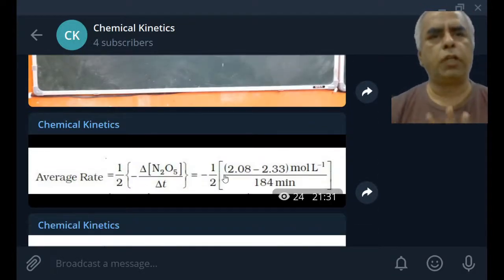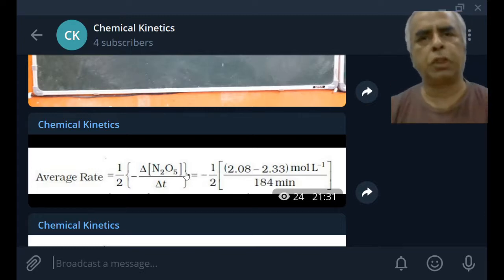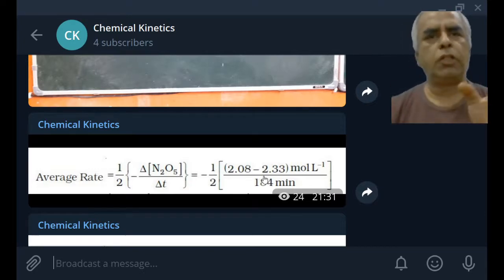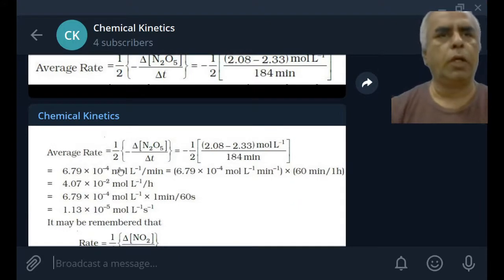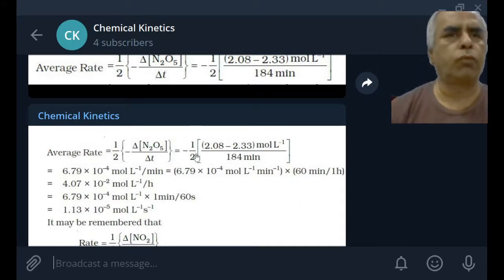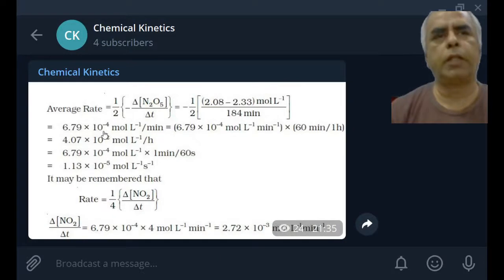So the average rate is minus 1 by 2, and the N2O5 initial concentration, final concentration are given, and that is why you are able to get that minus. So now you get minus of 1 by 2, etc. Now listen here. The average rate is 6.79 into 10 power minus 4 mole per liter per minute.